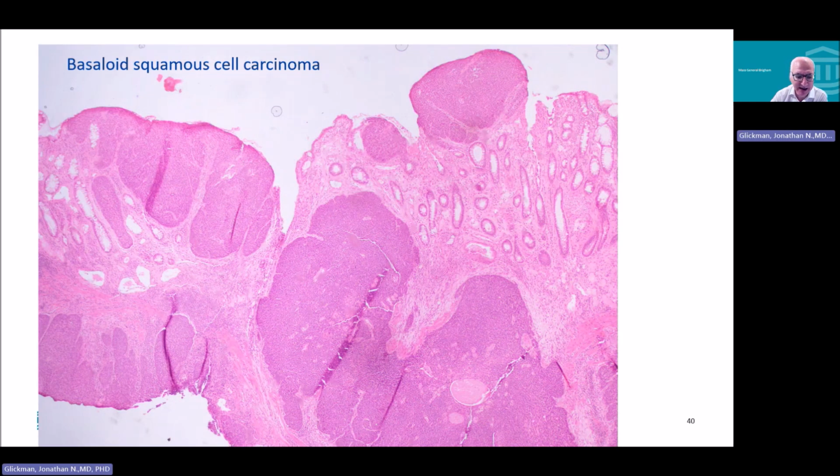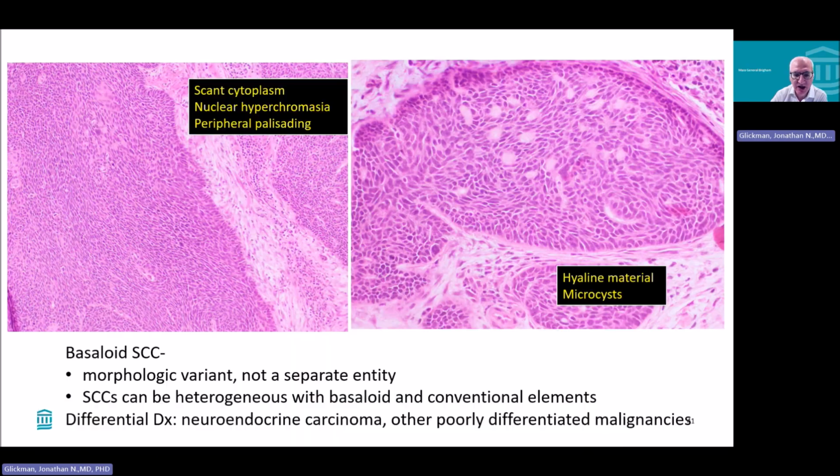Squamous cell carcinomas can also have a basaloid morphology with very compact cells, scant cytoplasm, often with some peripheral palisading reminiscent of basal cell carcinoma of the skin. These can also be admixed with more conventional squamous cell carcinomas. They often have this hyaline material and microcysts.